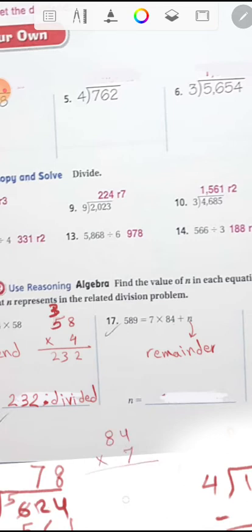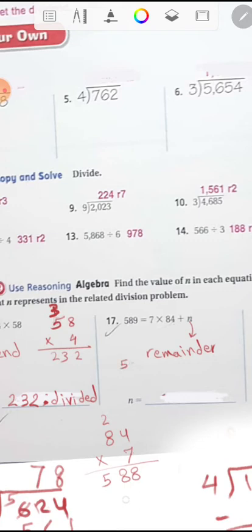Now 7 multiplied by 4 equals 28. So I put 8 here and 2 above the tens. 7 multiplied by 8 equals 56 plus 2 equals 58. So the multiplication right here will be 588.